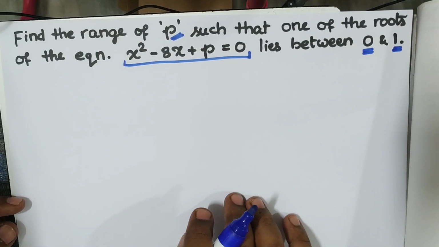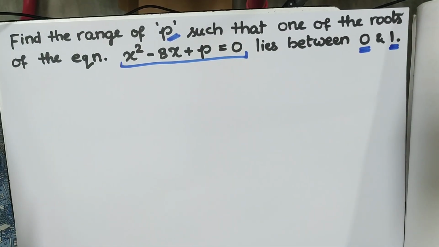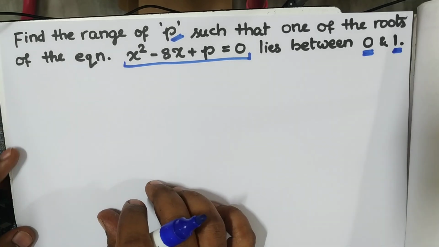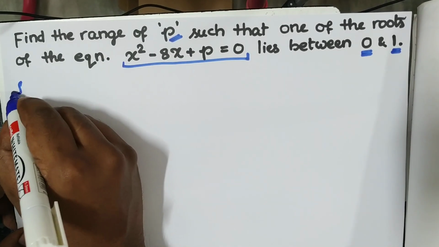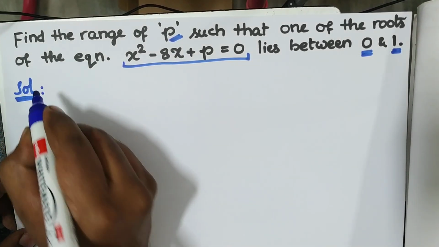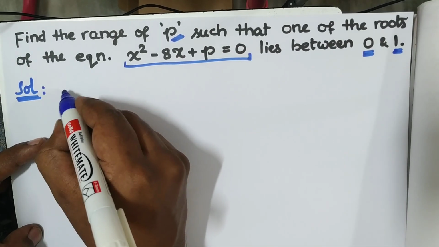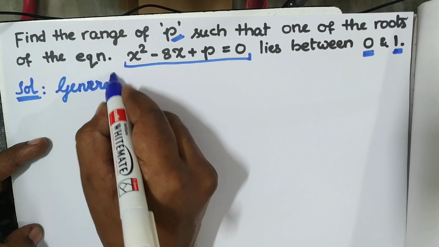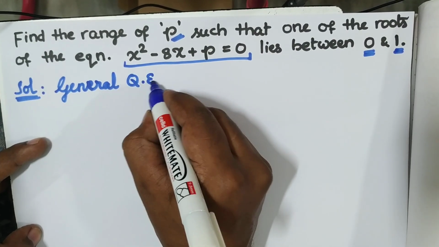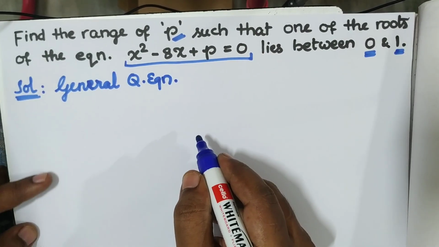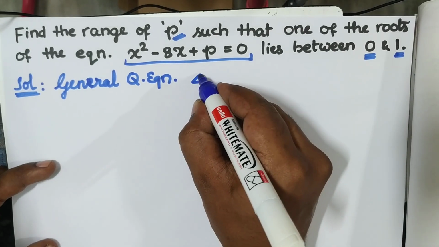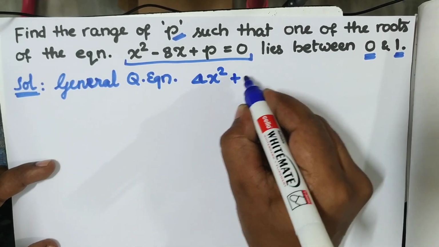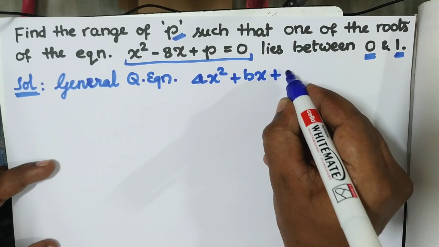Now how do we solve this? For example, let's take a general quadratic equation, say ax square plus bx plus c equal to 0.